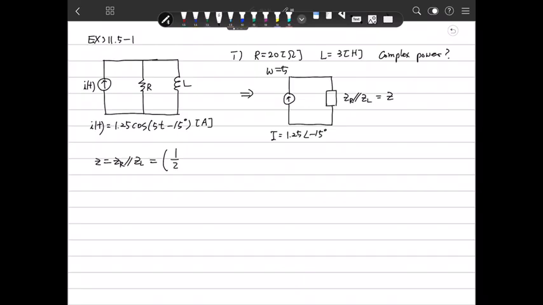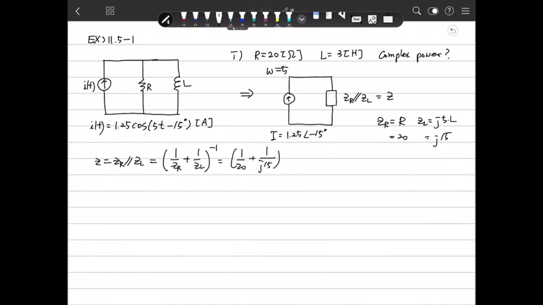So that is 1 over ZR plus 1 over ZL, and the inverse. ZR is R and ZL is j omega L. Omega is 5, L is 3, therefore j15. This is 20. So that will be 1 over 20 plus 1 over j15, inverse.